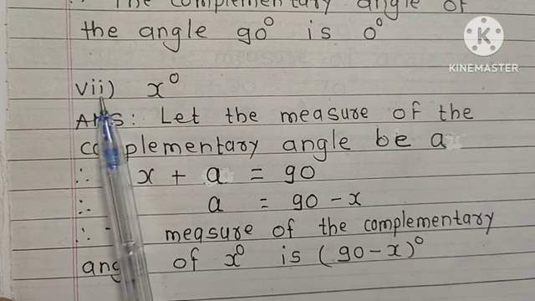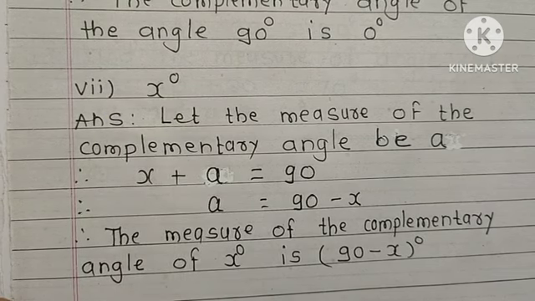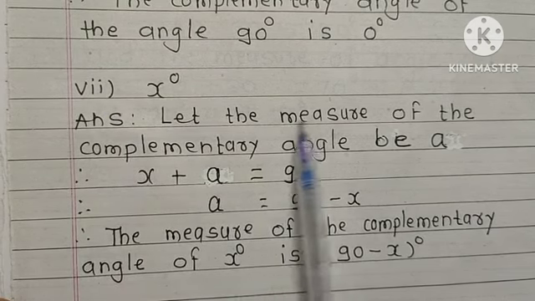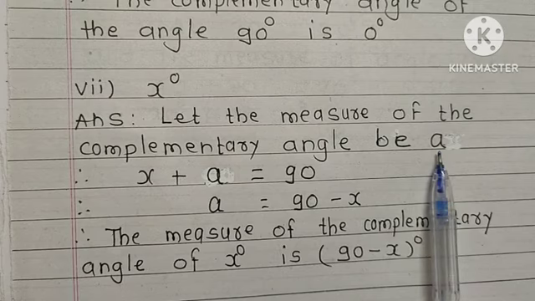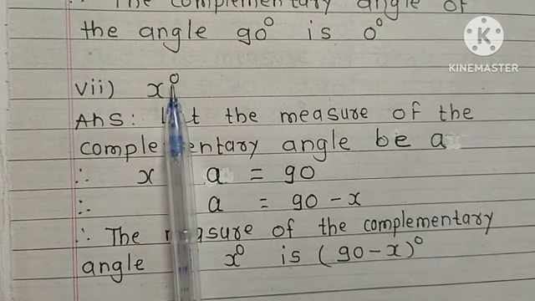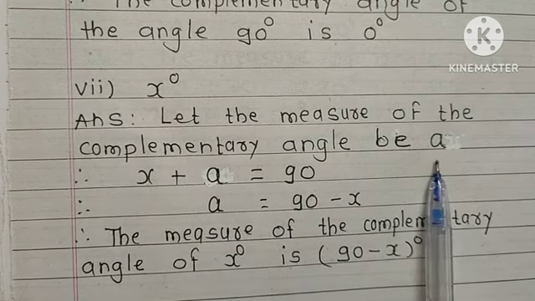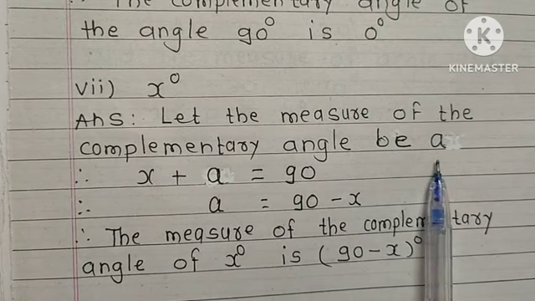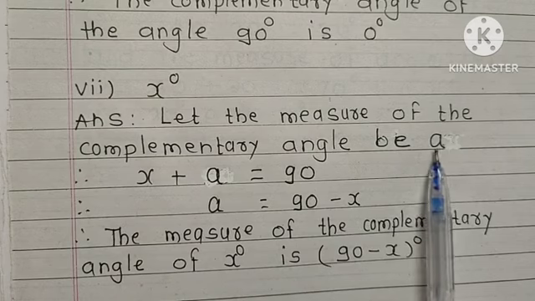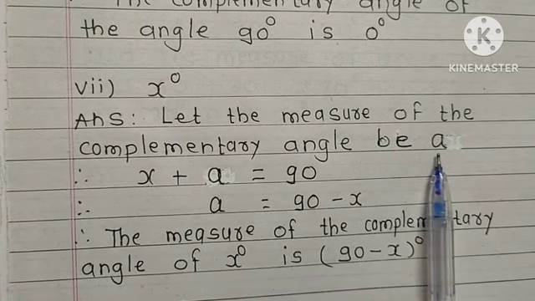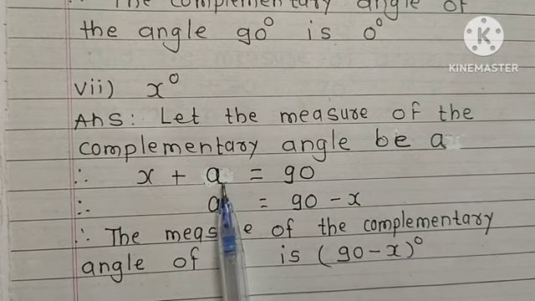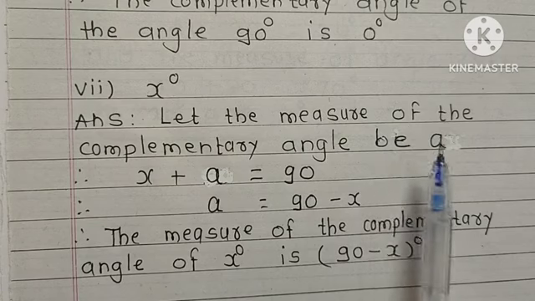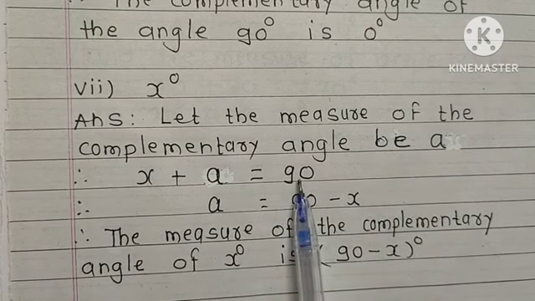Next, x degree. So answer, let the measure of the complementary angle be A. Here x is given, therefore you take A here. The complementary angle is suppose A because x is here. So x plus A, that means this plus this, is equal to 90.